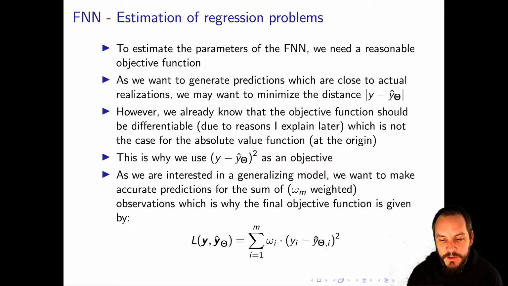And we want to change the predictions by choosing weights and bias values in a way that they are possibly as close as they can be to the real observations, but not only for a single observation, so for all observations. So that is why we're using the squared deviation as the loss function for regression type problems.